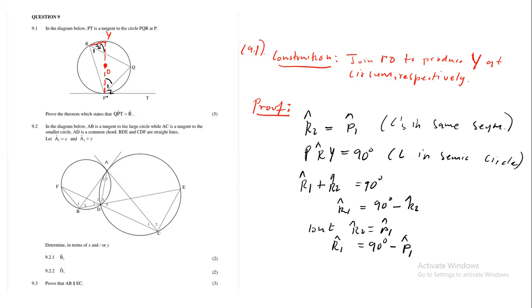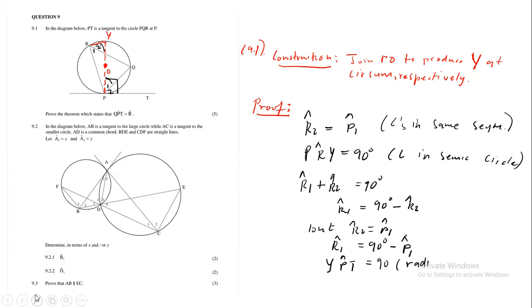Therefore, I'm going to determine angle P2. Angle YPT, which is this angle over here, is also going to be 90 degrees. This angle P1 plus P2 is equal to 90 degrees. Therefore, what is my reason? Radius perpendicular to tangent, it's axiom 7.